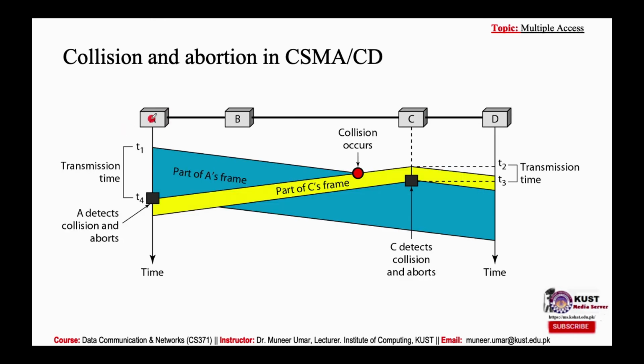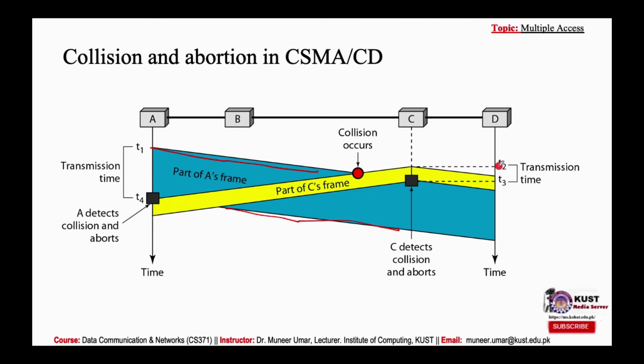So look at the figure again. The station A started its transmission, or transmitted its first bit, from time T1 to T4. This is the transmission from A. This A's bit is on the channel for the propagation delay. It is tilted downward.